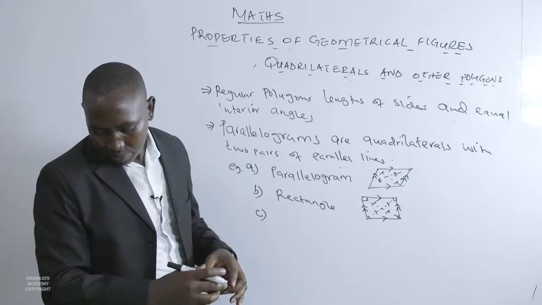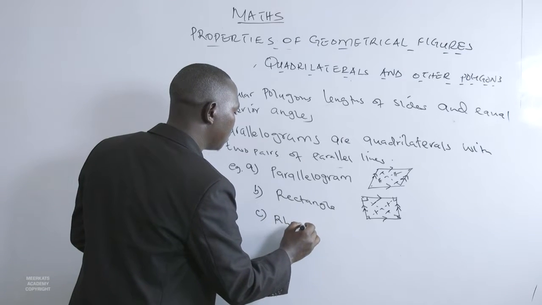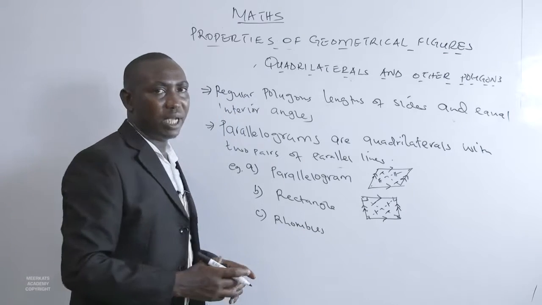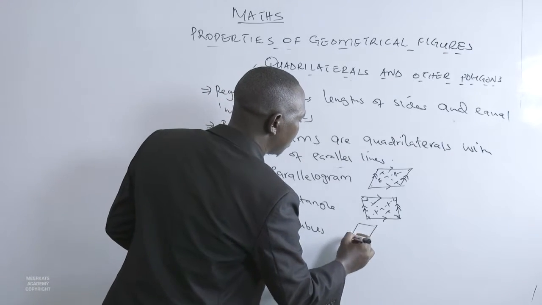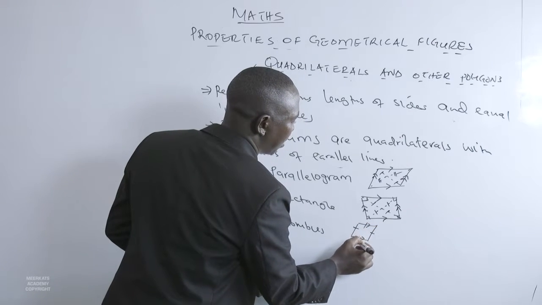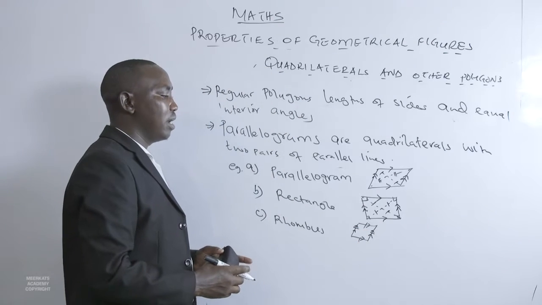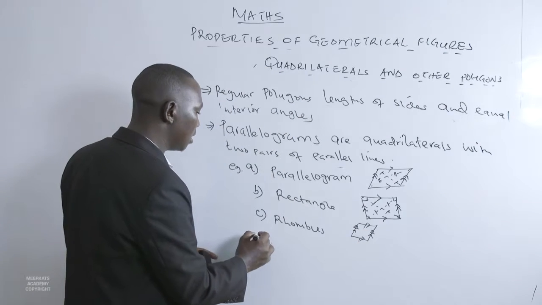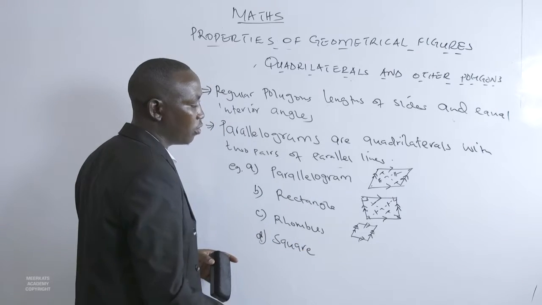Number C, we have a rhombus. Now a rhombus is a twisted square. So all the sides are equal. This is parallel to that, and this is parallel to this other side. So that's a rhombus. Then 4, we have a square.